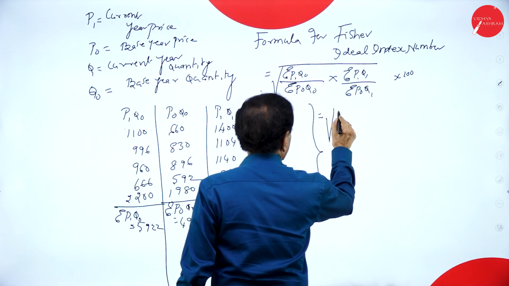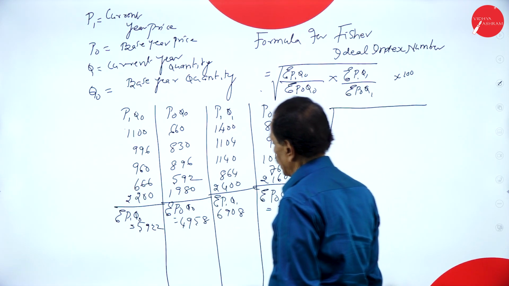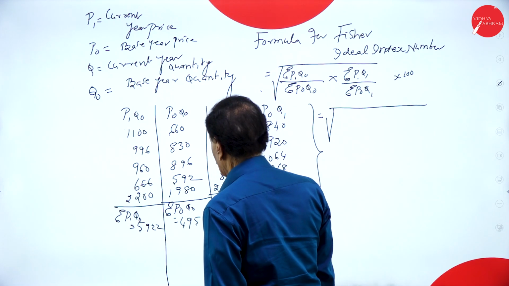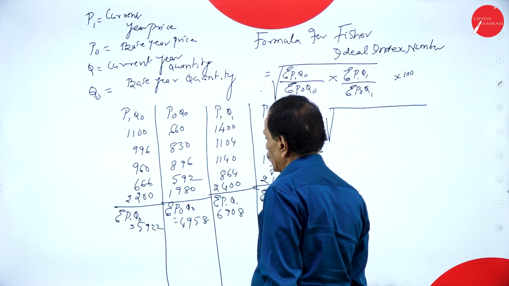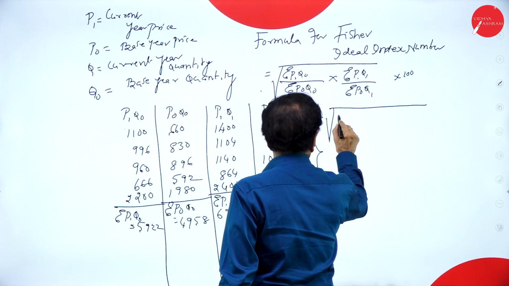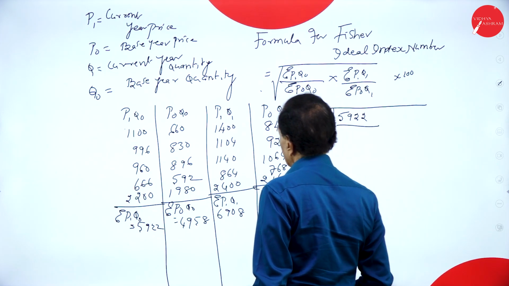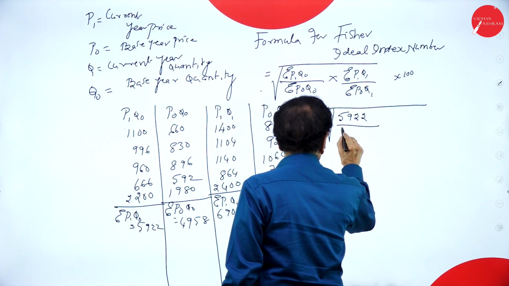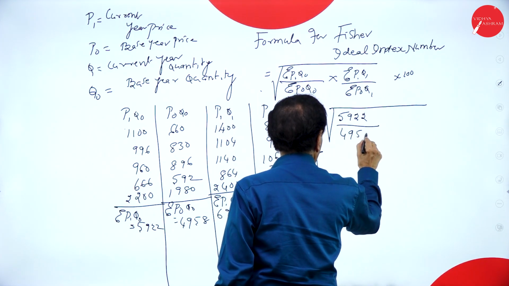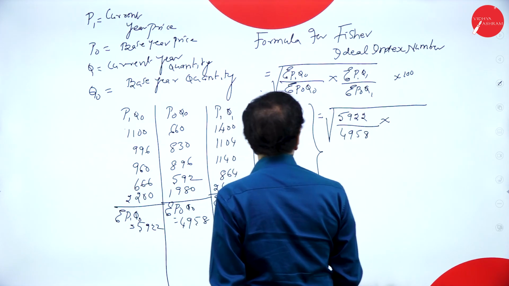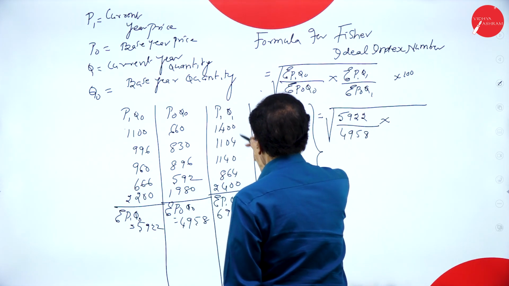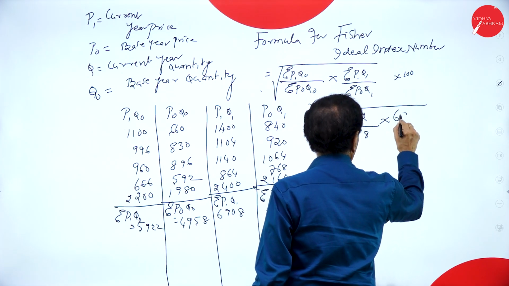Root of, what is sigma P1 Q0? 5922. 5922 divided by P0 Q0, 4958, into P1 Q1, 6908.